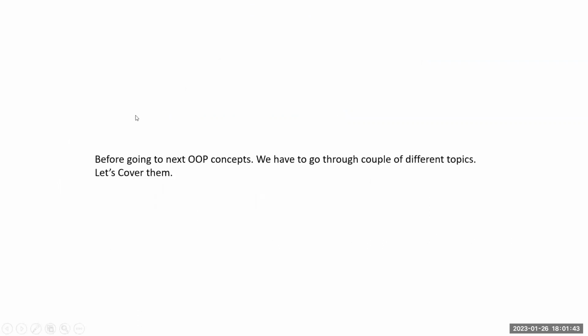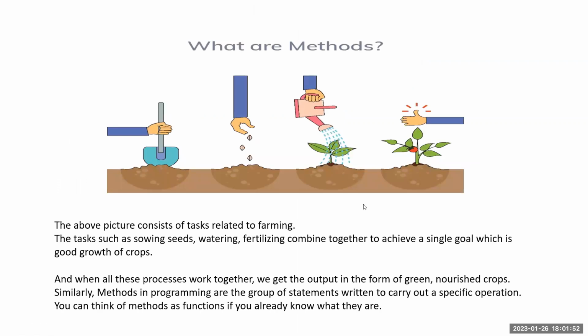As I mentioned, I'm going to cover a couple of concepts, like methods. If you see here, we have different types of actions on the screen. We were trying to do some kind of farming.